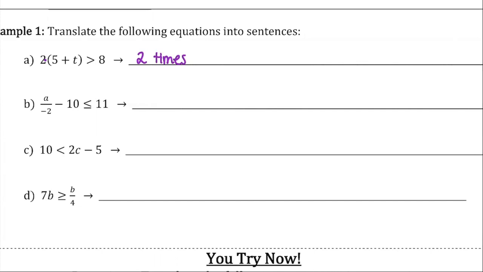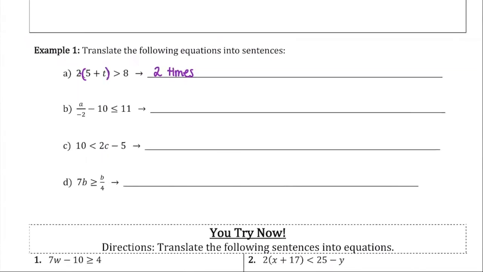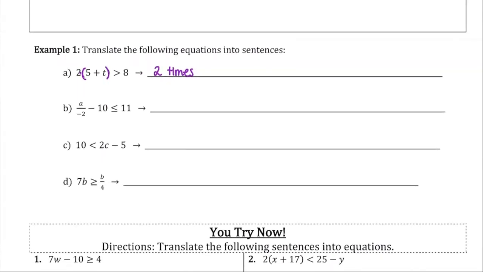Now, especially because I have these parentheses here, there's always one phrase that tips us off as to when to use those. And that is when we have the sum of or difference of. This phrase right here is how we actually get those parentheses without actually having to say it.